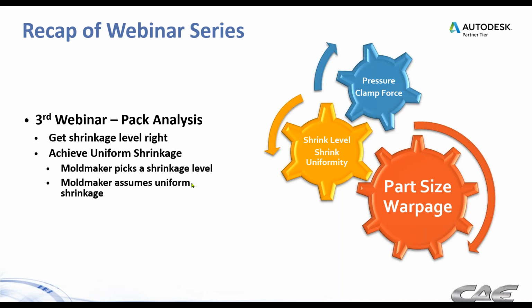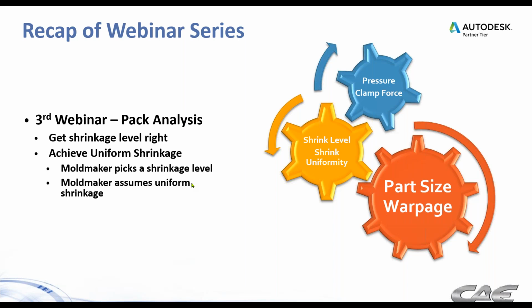The molders are going to have some input based on their experience with certain types of part designs and so forth. But the mold maker also makes an assumption, typically, that the shrinkage is going to be uniform. And anyone that has any experience in the injection molding industry would know that plastics don't shrink uniformly. They just don't.